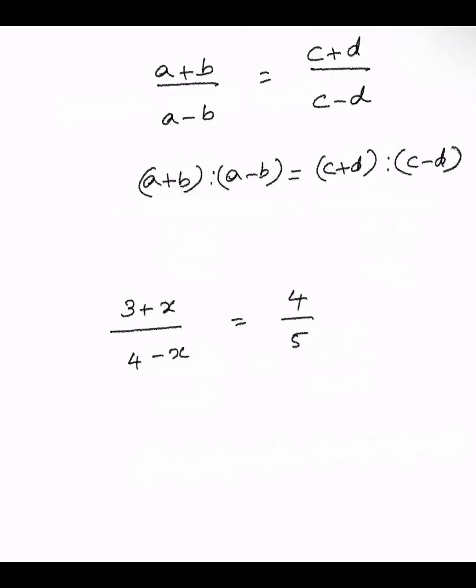If I have a ratio like this, 3 plus x is to 4 minus x is equal to 4 by 5, how do I apply componendo and dividendo in this?